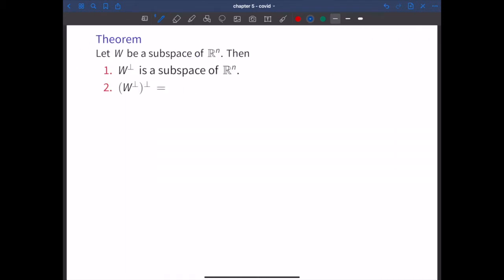The second thing we can say is that whenever we take a subspace, look at its orthogonal complement, and then look at the orthogonal complement of that subspace, we're just going to get the original subspace W back. Hopefully this was clear from the second example we saw. We had that subspace W, a plane inside of R3.